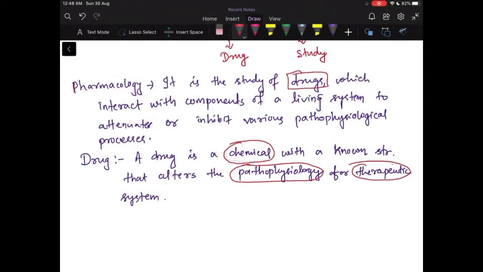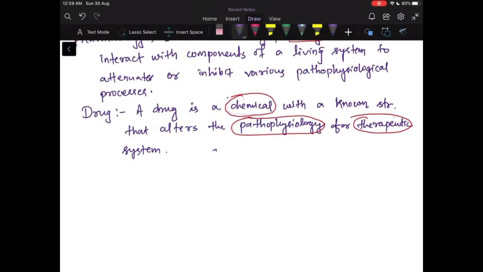Okay, let us take an example. Enalapril. We know that it is an ACE inhibitor, and that is the chemical we have taken. Okay, after that we took the pathophysiology.